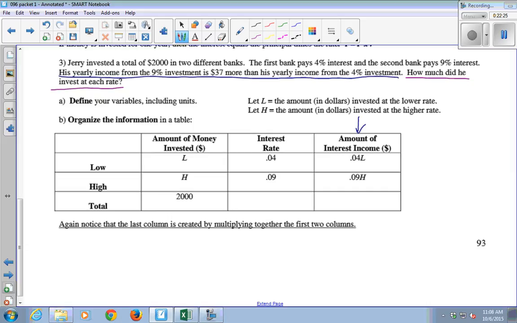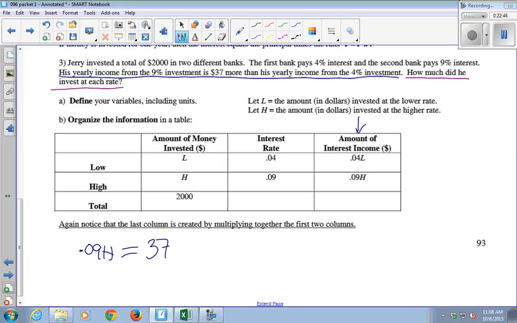So his yearly income from 9%, the mathematical symbol for his yearly income at 9% is 0.09H. Okay, so I translate that. His yearly income from the 9% investment, that's 0.09H. Okay. That's an equal sign. The verb is your equal sign.